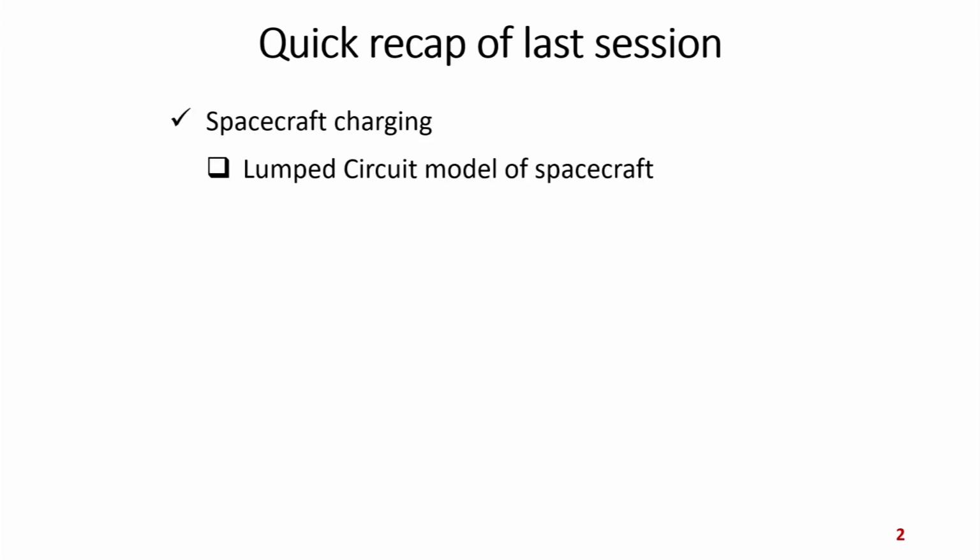In the last session we discussed the lumped circuit model of the spacecraft. Using the equivalent circuit model, that is the capacitor, we were able to compute the transient behavior of the potential, meaning how the potential develops from 0 to a negative voltage, and what is the time taken for the spacecraft to reach an equilibrium potential.